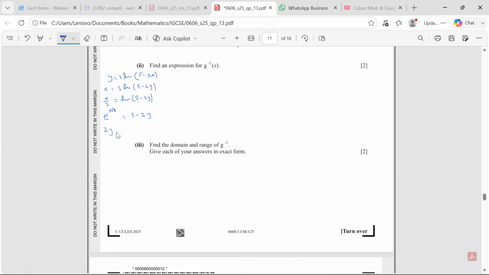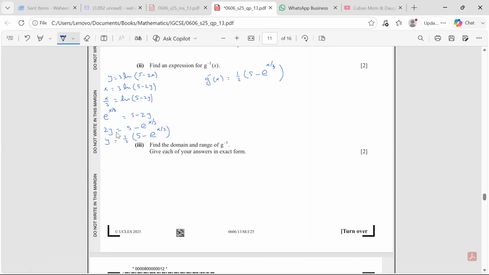So 2y is equal to 5 minus e to the power x over 3, and y is equal to 1 by 2 into 5 minus e to the power x by 3. Okay, so this is the function. And so we can say that g inverse x is equal to 1 by 2 times 5 minus e to the power x by 3.